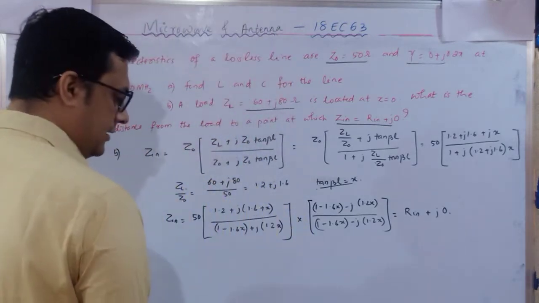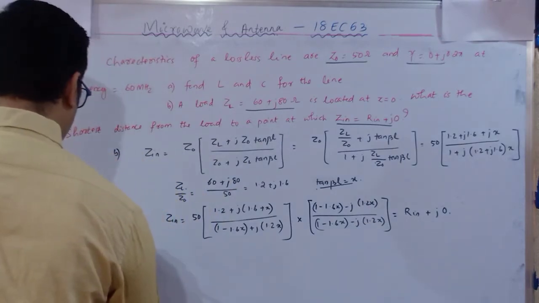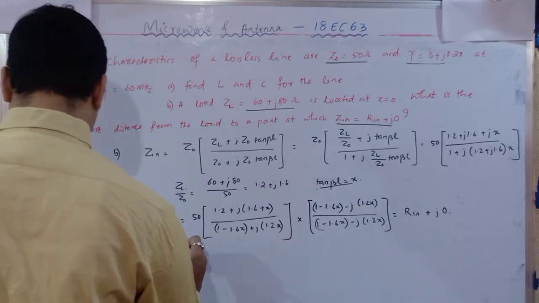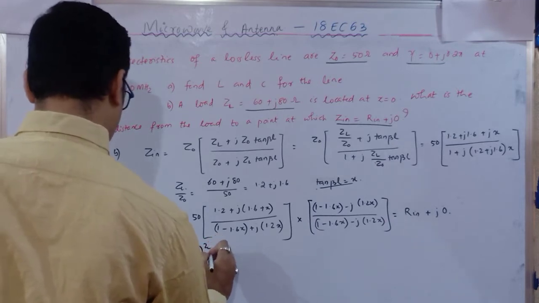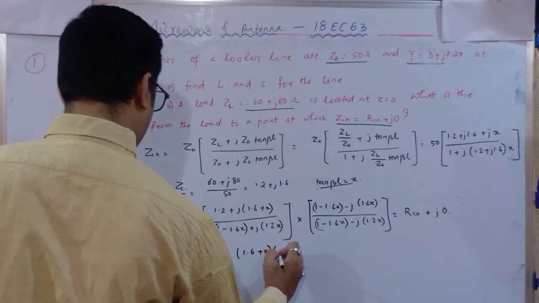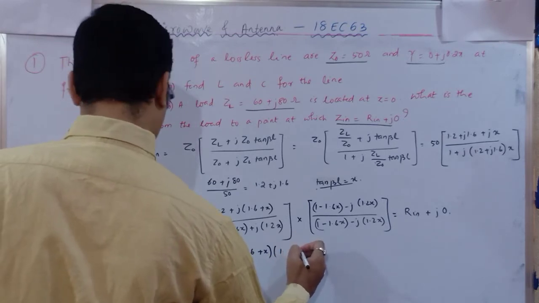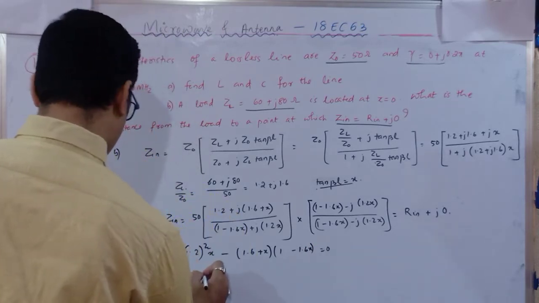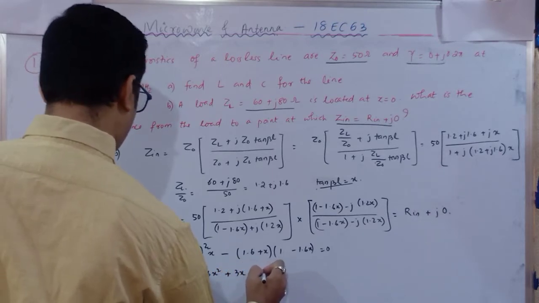So after solving this, the equation you will get for the imaginary term is 1.2 whole square x minus 1.6 plus x whole into 1.6, 1 minus 1.6 into x is equal to 0, or 1.6 x square plus 3x minus 1.6 equals 0.